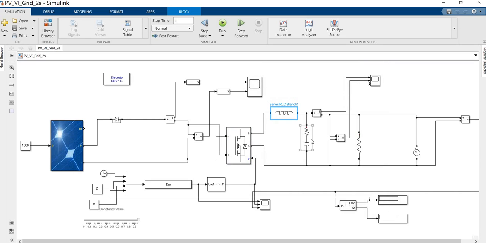Now we need some filtering action, so we are going to use an LC filter.